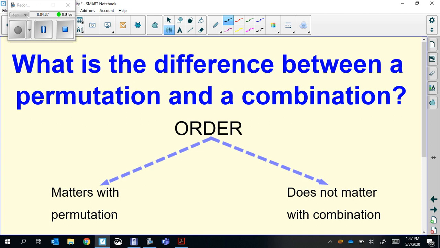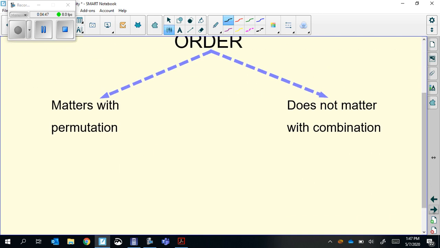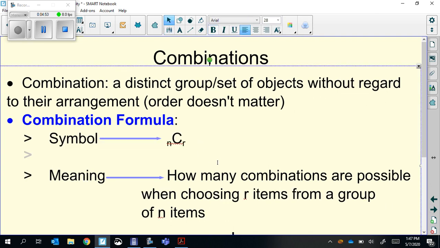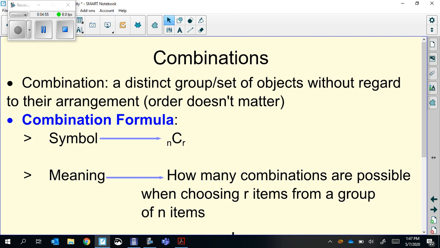All right, so order matters for permutations. It does not for combinations. That's the biggest takeaway for this lesson. Order matters for permutations, not for combinations. So a combination is a distinct set or group of objects without regard to their arrangement.